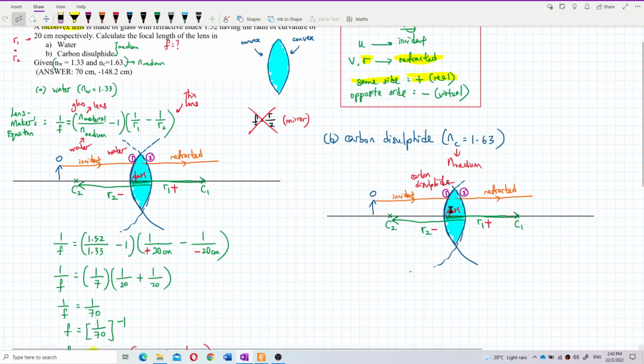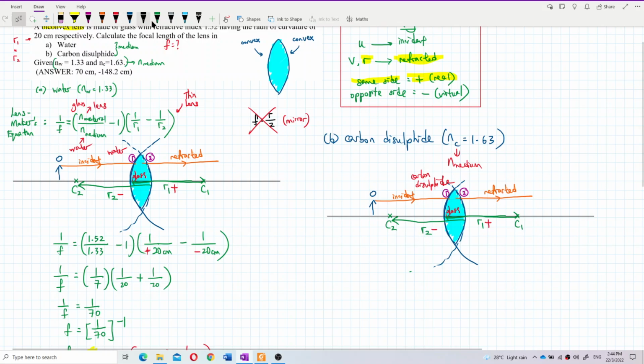What will happen to the focal length? If I put the glass lens into the carbon disulfide medium, the rest is still the same. R1 still positive, R2 still negative, because compared with the refracted ray, same side is positive, opposite side is negative.